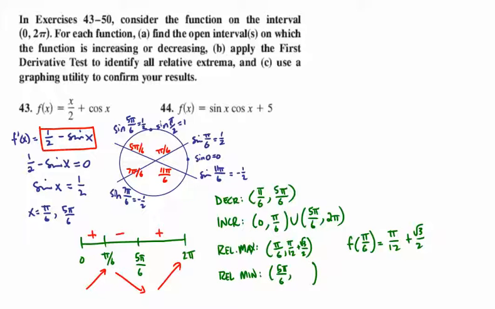Then the relative min is at 5 pi over 6, and 5 pi over 6 over 2 is 5 pi over 12, and then cosine of 5 pi over 6 is negative root 3 over 2, and so we get 5 pi over 12 minus root 3 over 2.